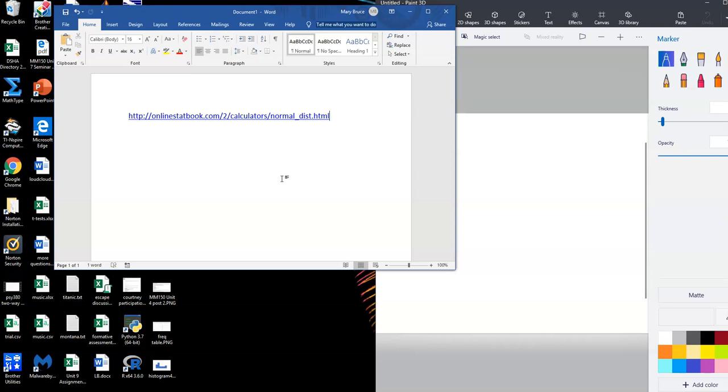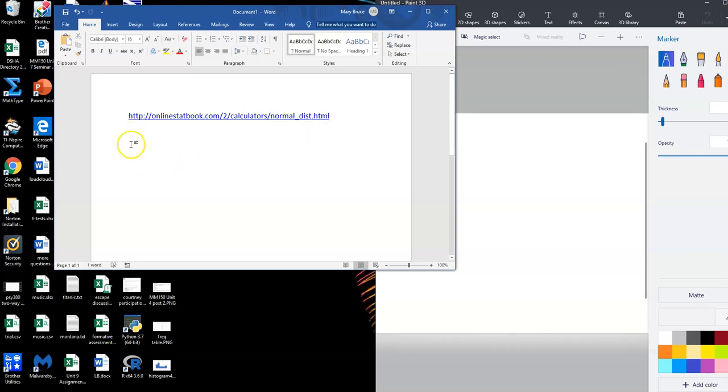Although now with technology advancements, it's, in my opinion, a little bit obsolete to rely on reading these messy, tedious looking tables to get probabilities, because there's so much technology now that will do it automatically. Excel will do it. It's just not quite as user-friendly and easy to navigate as some other websites that are out there. And that's why I thought I would share this one with you.